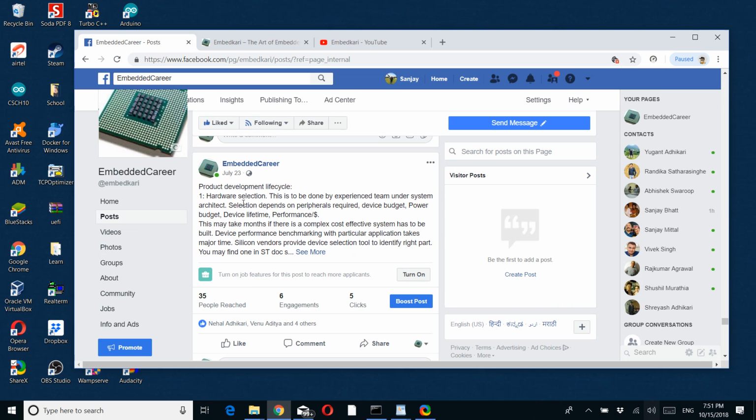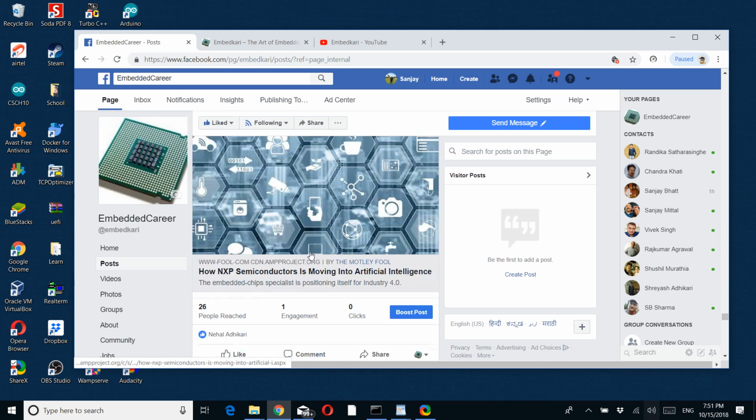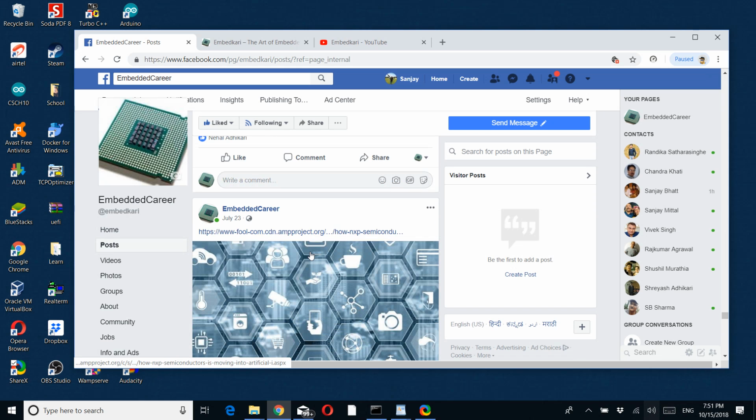you can see here the product development life cycle, where the complete hardware selection life cycle is explained. And again, the job related information and what is happening around the industry.